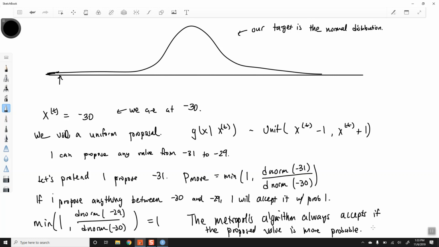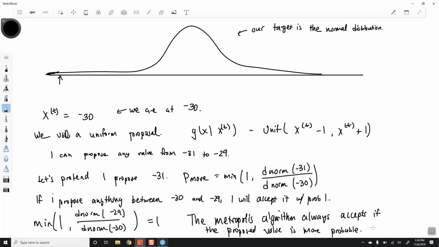You propose a value, and if it's more probable, you accept it. Every time you propose something more probable, you keep accepting it. If you propose something less probable, you're probably not going to accept it, but you might every now and then, and that helps you avoid getting stuck in some local maximum. But anytime you propose something more likely, you're going to take it, and because of that, you will eventually end up in a region of high probability.